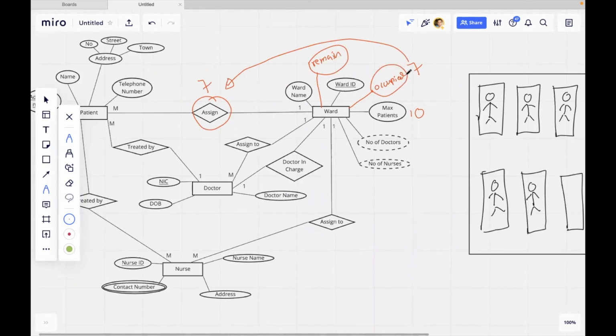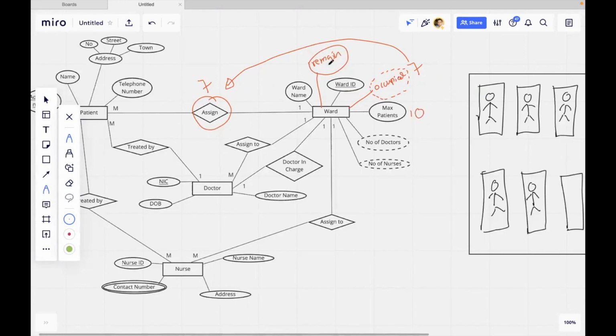Therefore, this occupied is a derived attribute. We can get the information from somewhere else. Therefore, you can draw this one as a derived attribute, with a dashed line.